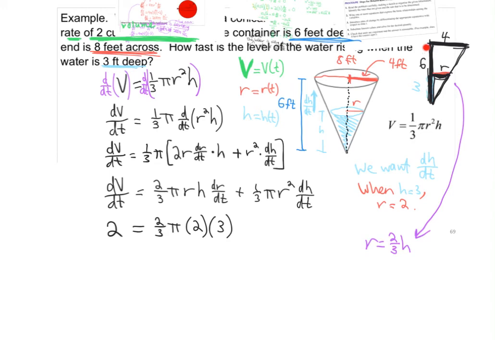When h is 6, if I take 6 and multiply it by 2/3, I'm going to get 4, which is r. Why does this help us? Well, if I take the derivative of both sides of this little equation I have off to the side, I have that dr/dt is actually equal to 2/3 times dh/dt. Okay, so I can substitute that in right here.